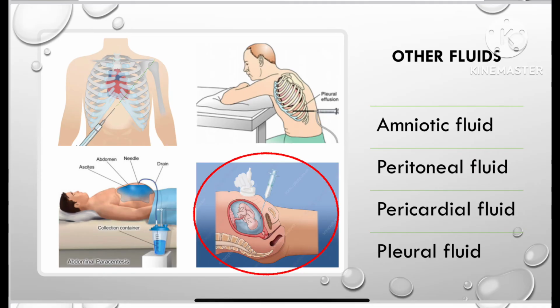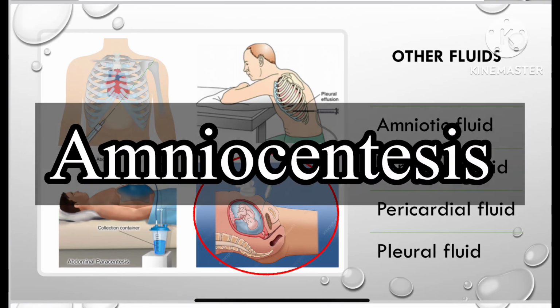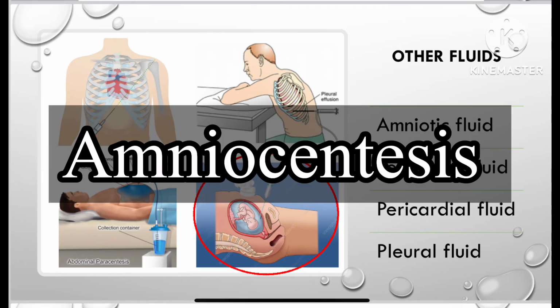What could be an indication for amniocentesis? It's either if the mother's age is 35 or more. There can be an indication for chromosomal defects. That's also another reason why the mother will undergo amniocentesis.